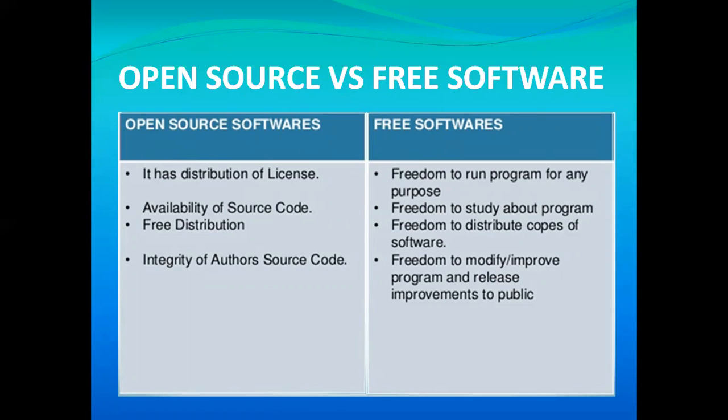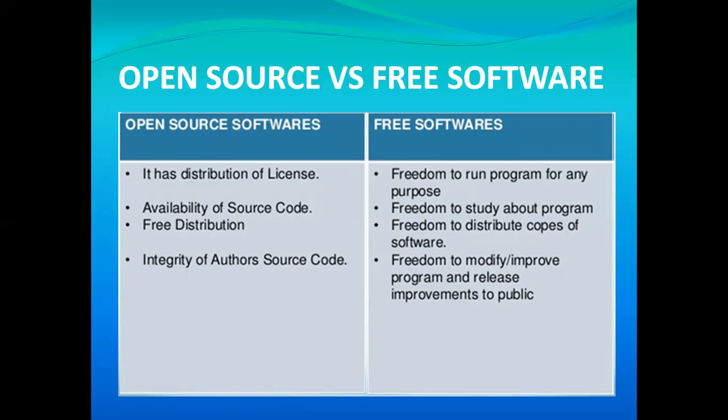So we have here a simple contrast between open source and free software. Mainly, open source software has its distribution of license, as we talked about: availability of the source code, free distribution, and integrity of the author's source code. So if you modify something, there must be an author source code to let the next author know who modified the software.